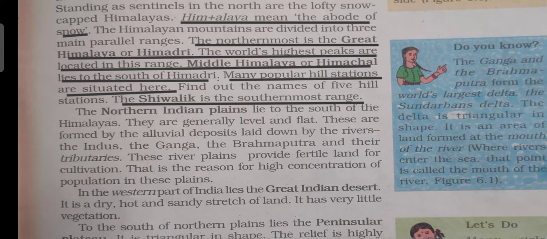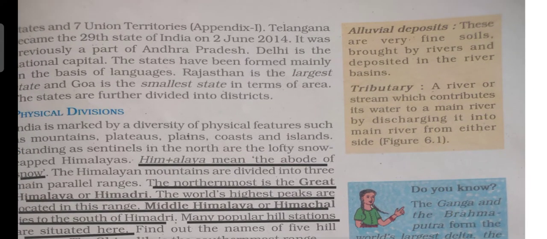Now let us read about what are alluvial deposits. So these are very fine soils brought by rivers and deposited in the river basins. Next children, what are tributaries? A river or a stream which contributes its water to a main river by discharging it into the main river from either side.